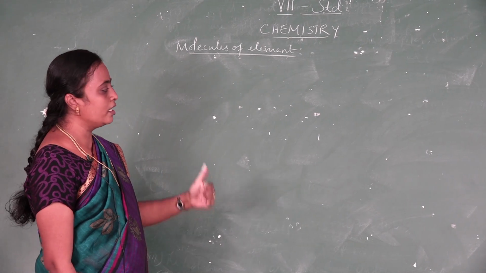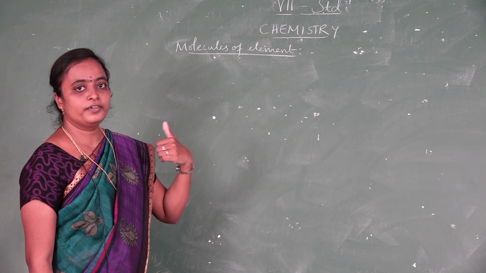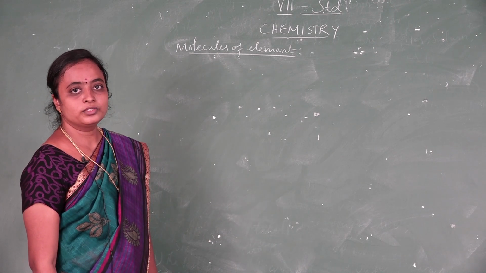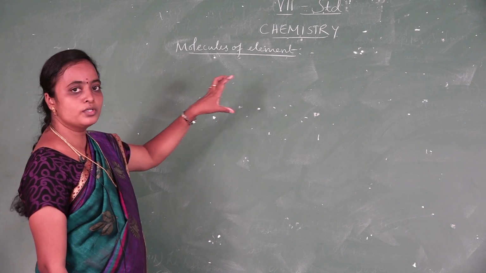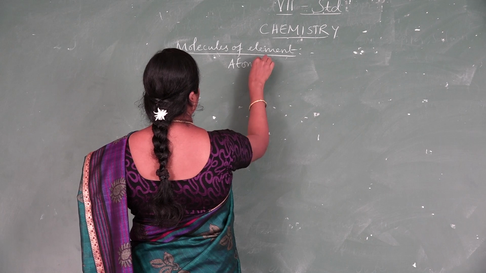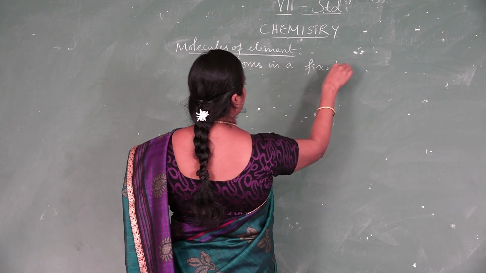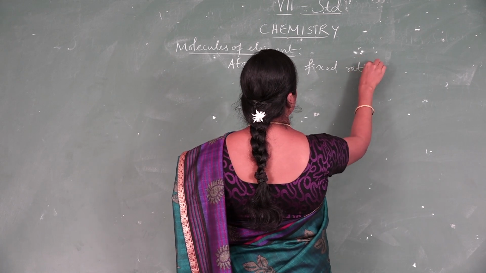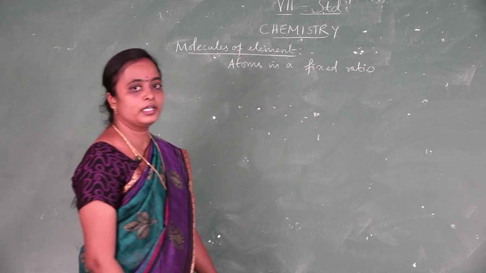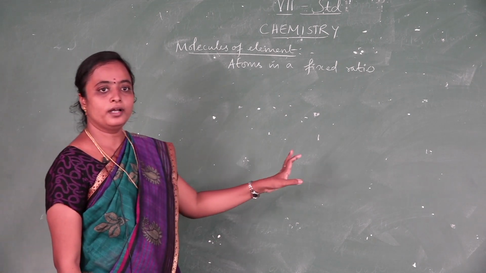That is, if a molecule contains the same type of atoms in a fixed ratio, that is named as a molecule of an element. That is, atoms in a fixed ratio.